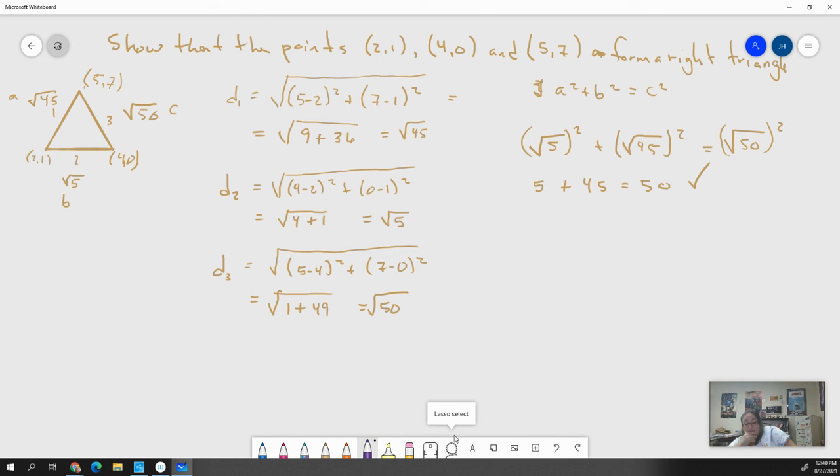So what we're going to be talking about now is the midpoint formula. And the midpoint, let's see. Can I move it up a little bit now? Thank you.